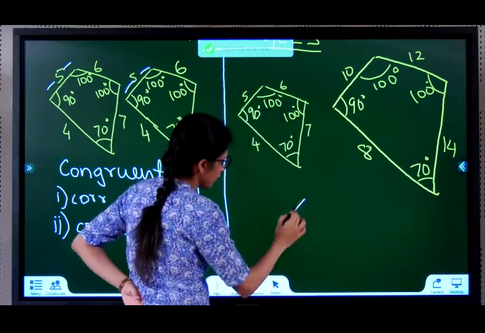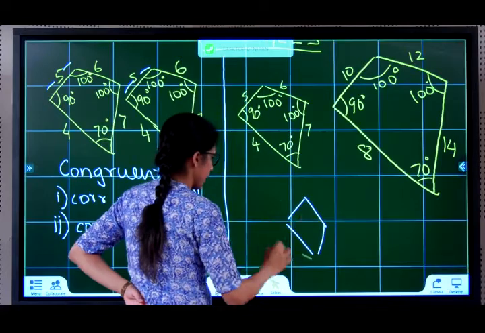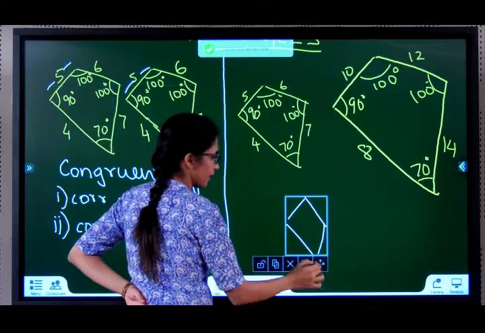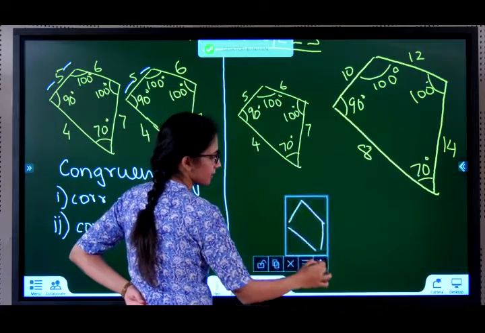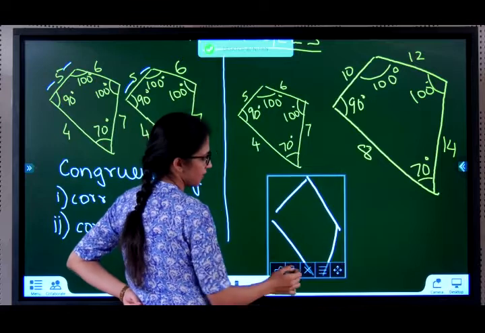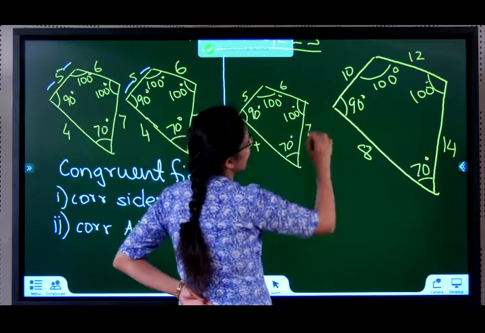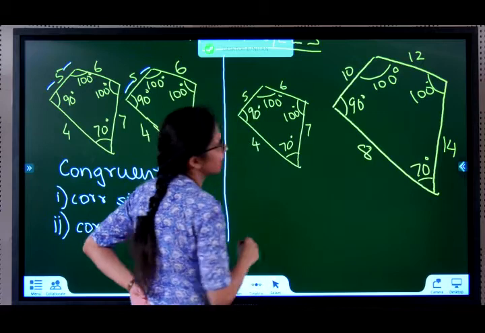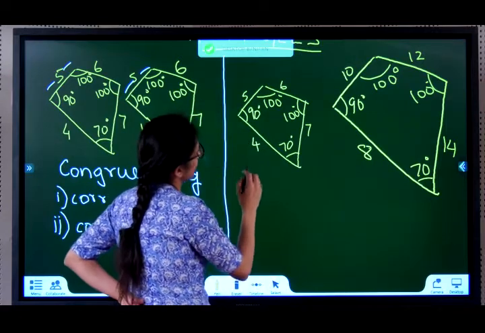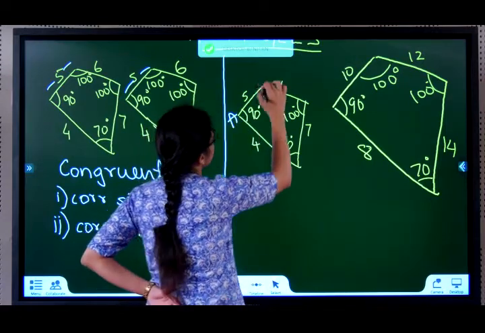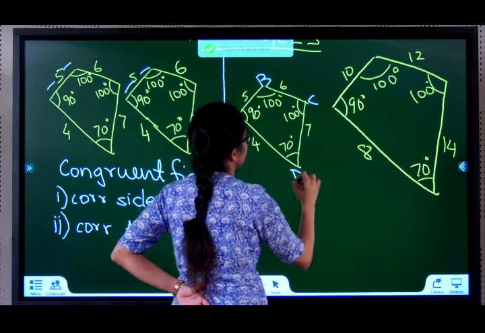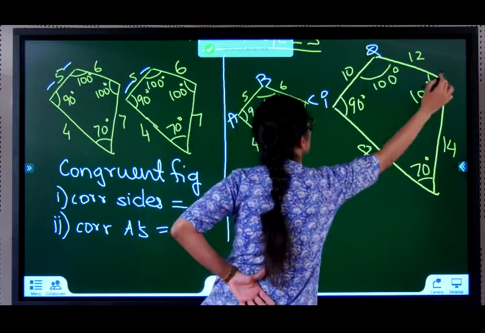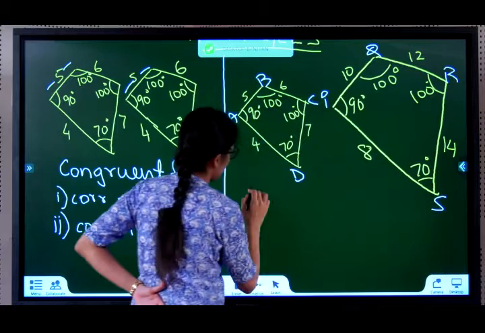For example, now if I have this figure here and I am going to zoom it, right? See, that gives me the similar figure. If you can see, the angles are the same. What about the sides? See here, let's name this as ABCD, PQRS.